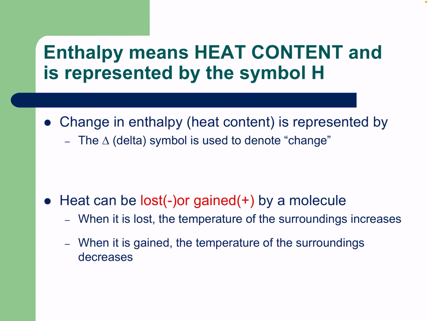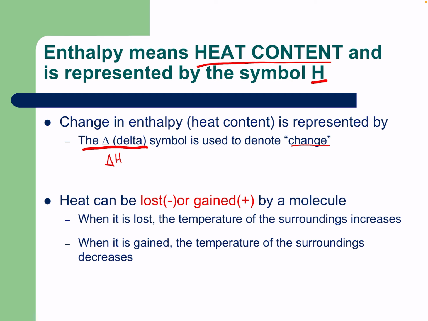So enthalpy means heat content and is represented by the symbol H. You'll see this quite often. So here we have change in enthalpy. Delta, that triangle, is a symbol used to denote change. So we have change of H, change in enthalpy.